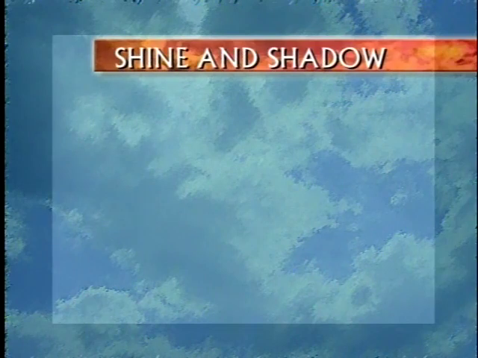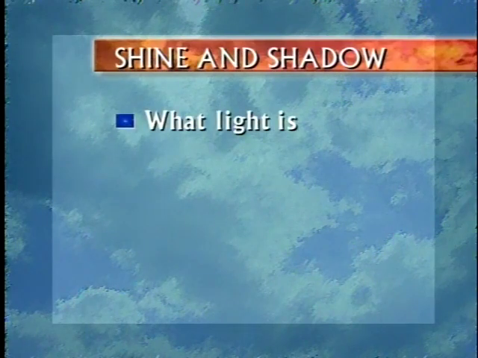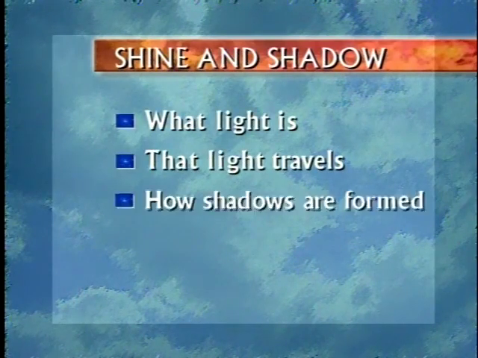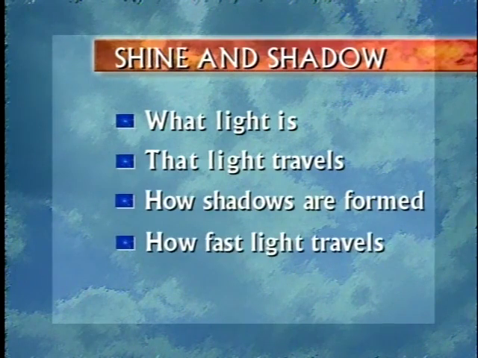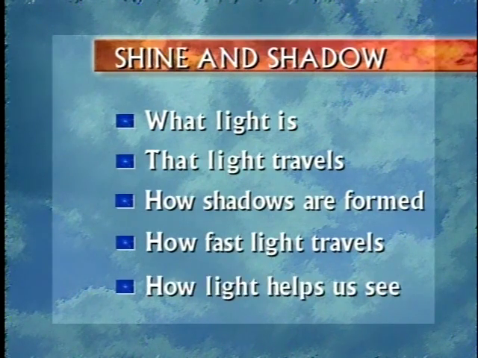But since we can't address all of the details about light in the time we have together, we've selected only the most important. In today's workshop, we'll explore what light is, that light travels, how shadows are formed, how fast light travels, and we'll begin to look at how light helps us see.